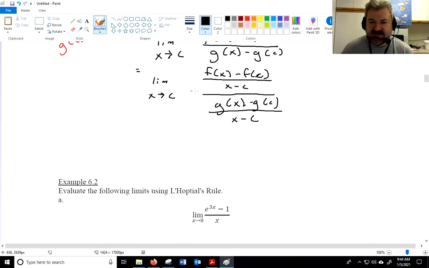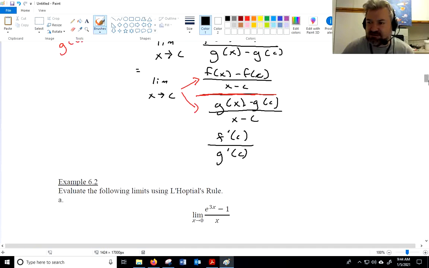So now what does that say? Well, I can split this limit up and I can apply that to there and that to there. Remember, we can split limits up over division. And this top part here, what is that? That is the alternative definition of the derivative of f at c. So that is f prime of c over g prime of c.